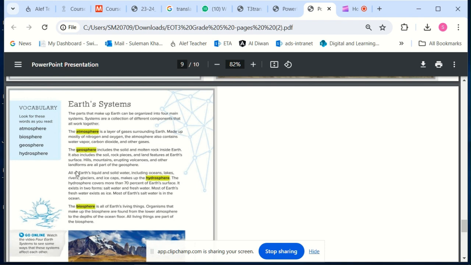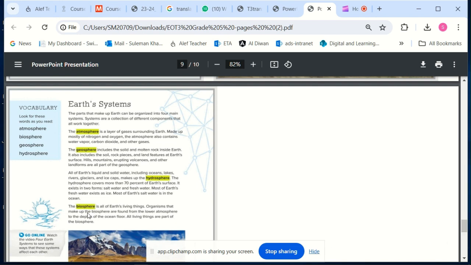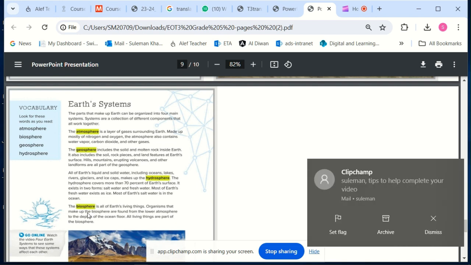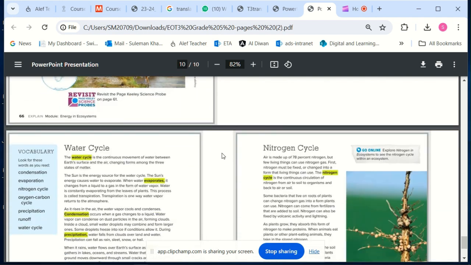Geosphere is all the حجر وتربة and sand. Hydrosphere is all the ماء on أرض. Biosphere is all the أحياء on أرض, نبات وحيوان. Okay, so you need to be able to explain those.